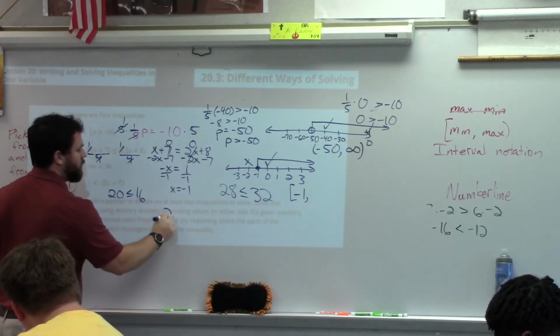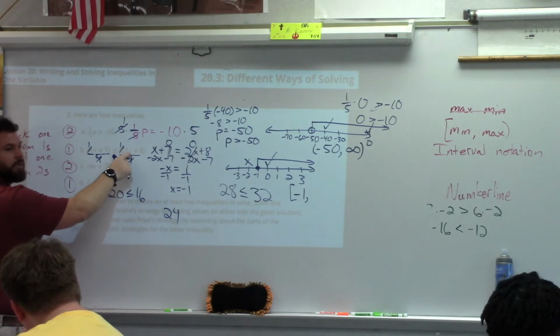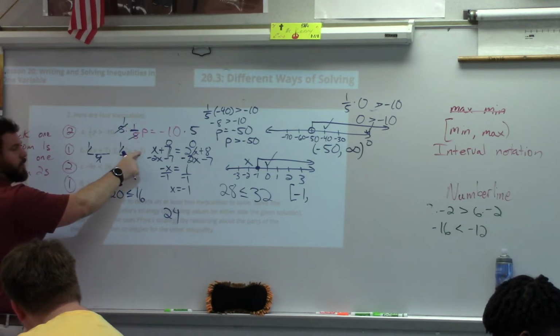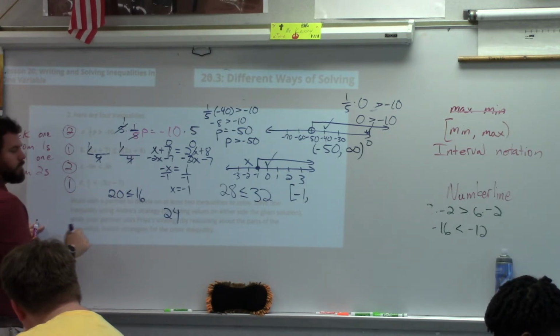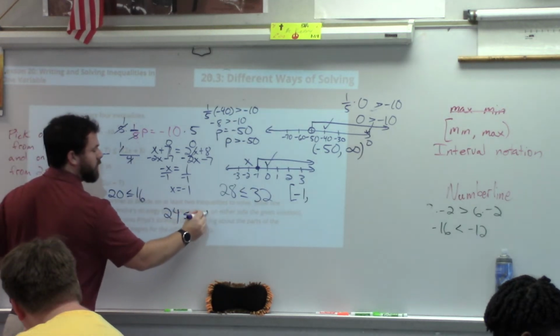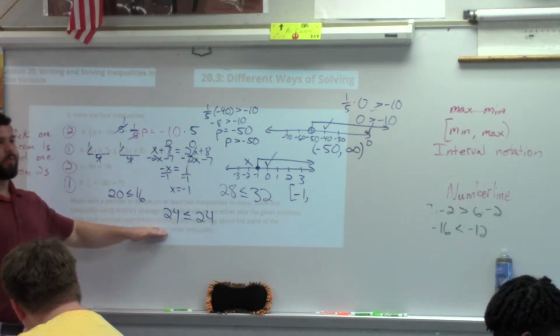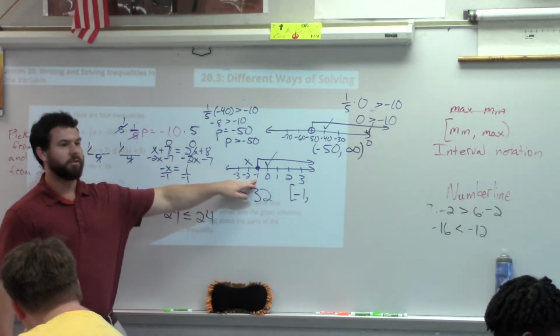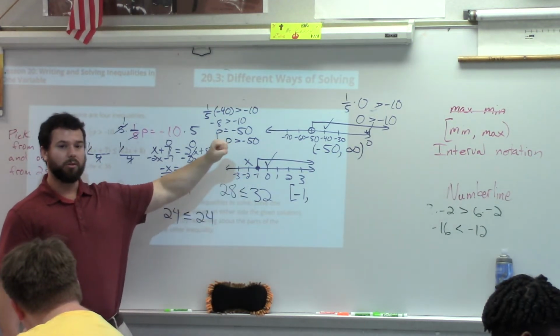Okay? What's 2 times negative 1? And then negative 2 plus 8. And then 4 times 6 is 24. Is 24 less than or equal to 24? So is negative 1 a solution? Right? That's why we close that point out.